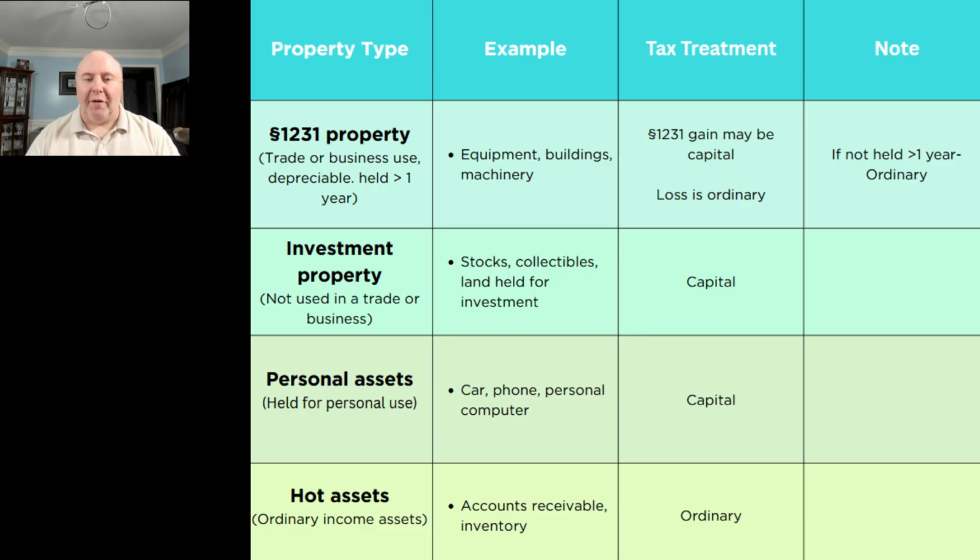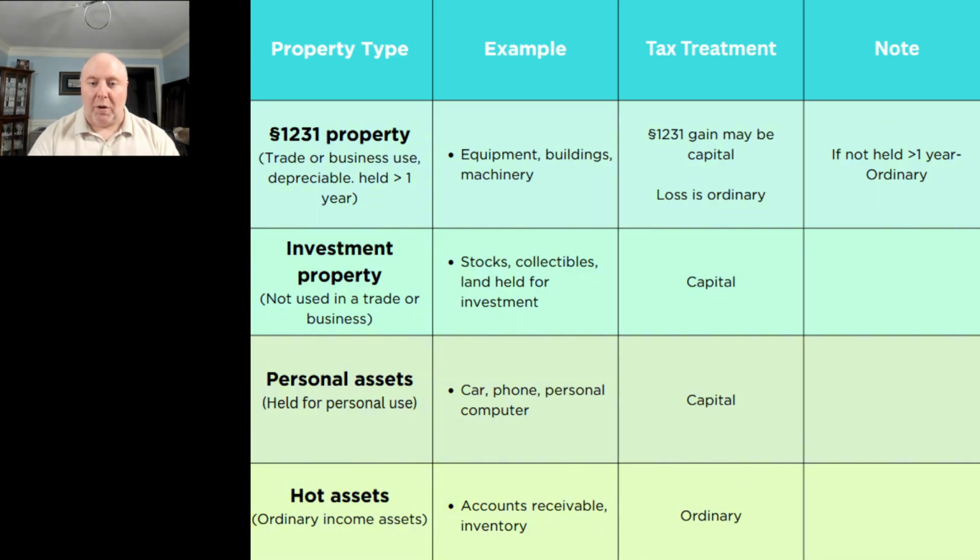Now with a 1231 asset, we don't know if it's going to be considered a capital asset, which we would like it to be if it's a gain, or if it's going to be an ordinary asset, which we don't want. We don't want it to be considered ordinary. All assets, whether 1231, investment, personal, or hot assets, are eventually going to be considered capital or ordinary.